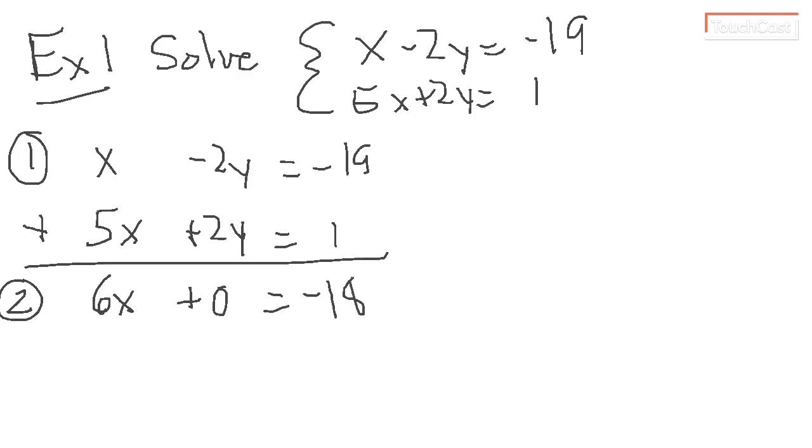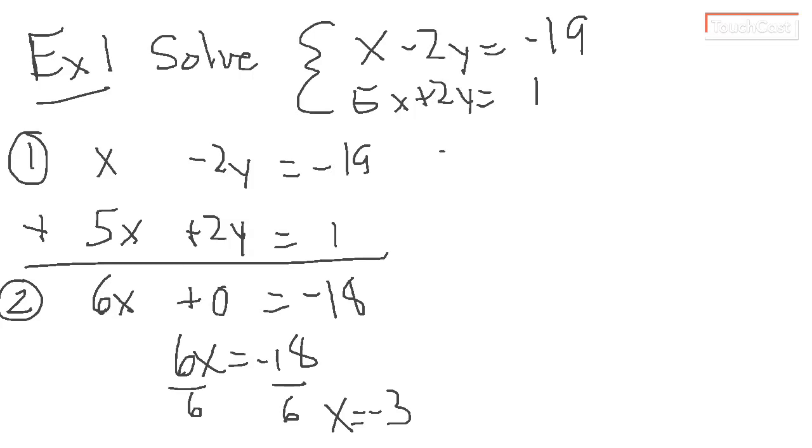And really, this just simplifies to 6x equals negative 18. And we still want to solve this for x because that's part of step 2. So we divide by 6. We're going to find that x equals negative 3. So we've completed step 1 and 2.